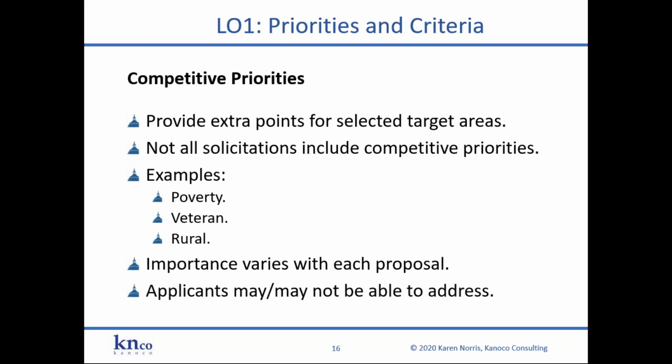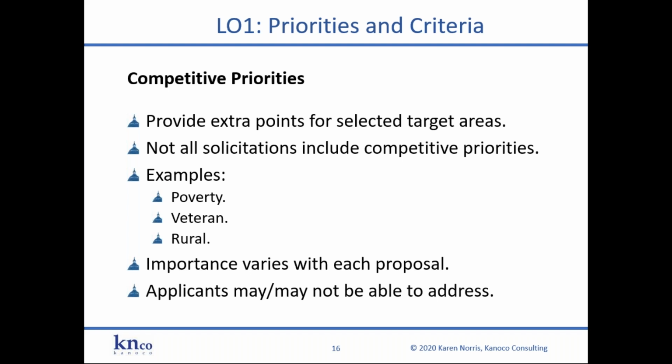This grant is dedicated to children or families living in poverty, or for veteran populations, or for rural populations. And if you happen to address one of the competitive priorities in addition to the absolute priority, in addition to, not instead of, then you might be able to earn a few more points than someone who can't address the competitive priorities.